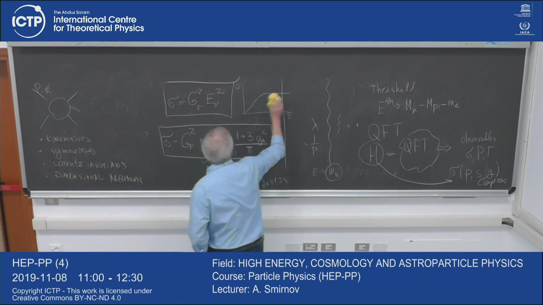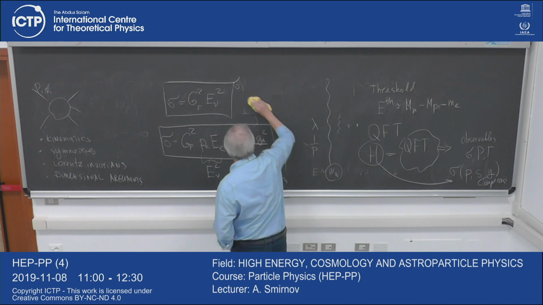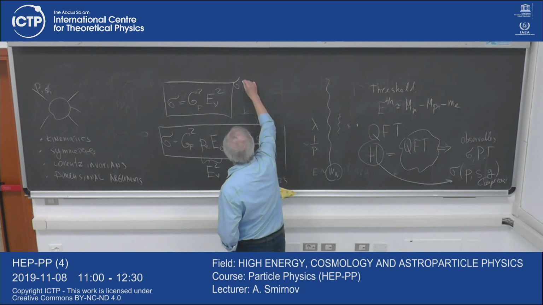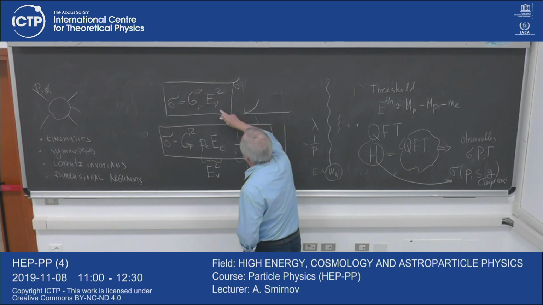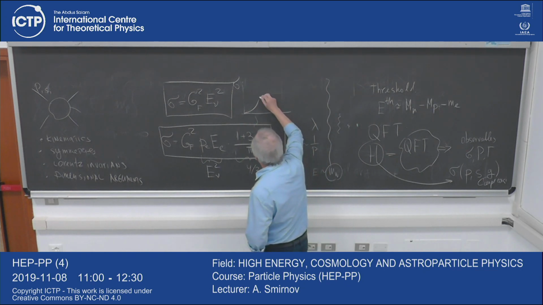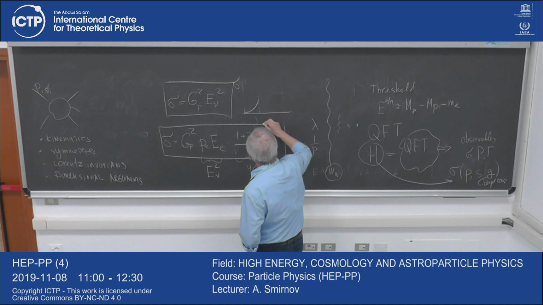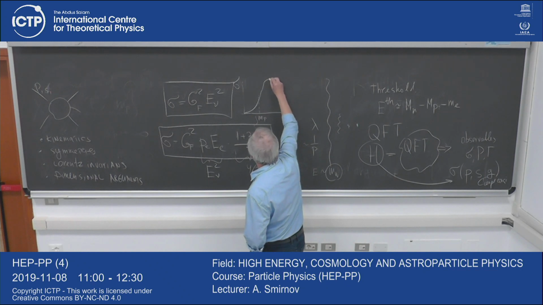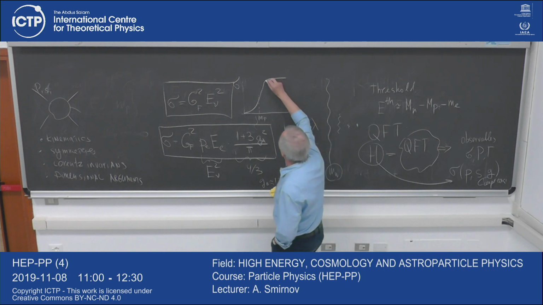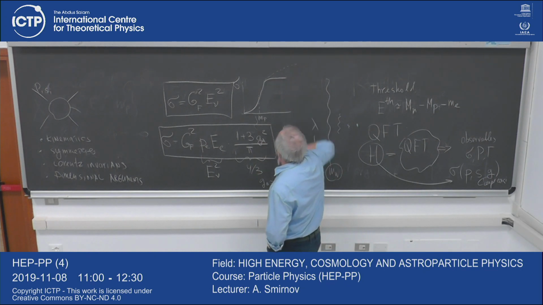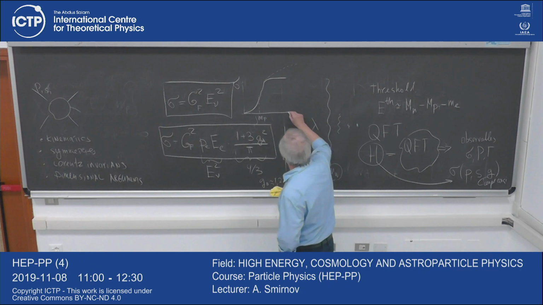Actually, the deviation will be even before this. So what we have is this quadratic behavior. Then at energies comparable with the mass of the proton, it becomes linear, and then it stops. So this is the general formula for the point-like case. If this is not point-like, then it will increase like that. So this is the complete picture.